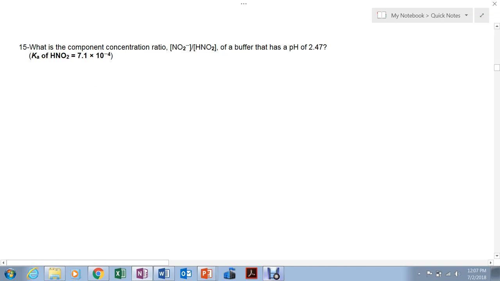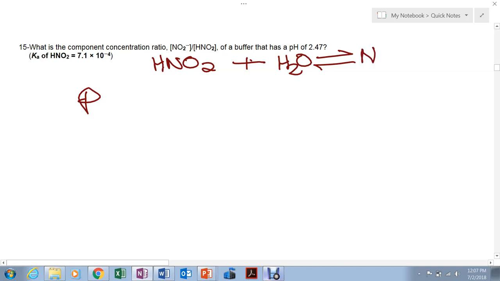So if you use for nitrous acid, HNO2, you got the equation plus water, it's the NO2 negative plus the H3O plus.